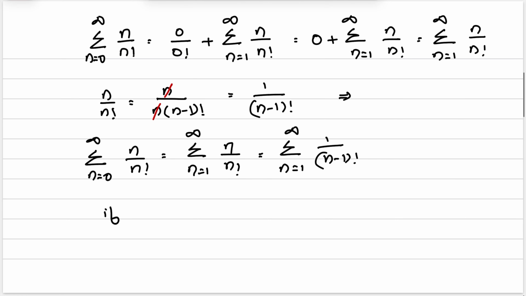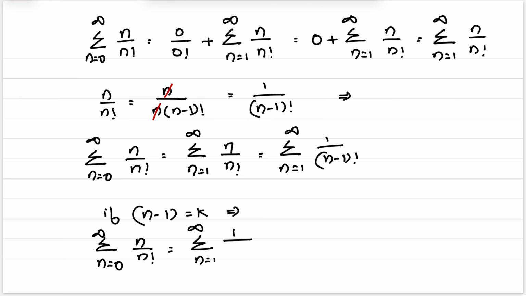If it is assumed that n minus 1 is equal to k, that implies sigma n is equal to 0 to infinity n by factorial n is equal to sigma n is equal to 1 to infinity 1 by n minus 1 factorial, that is equal to sigma k is equal to 0 to infinity 1 by factorial k, because if n minus 1 is equal to 0, at n is equal to 1, k is equal to 0.